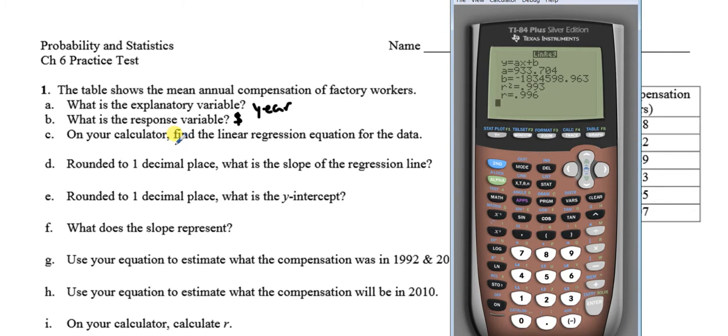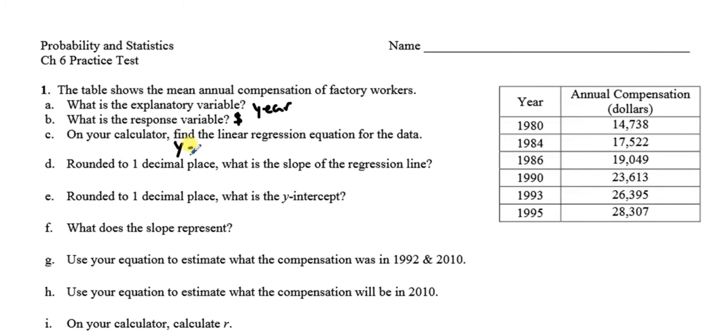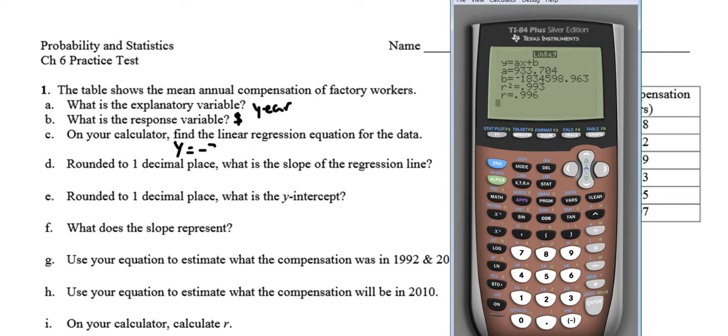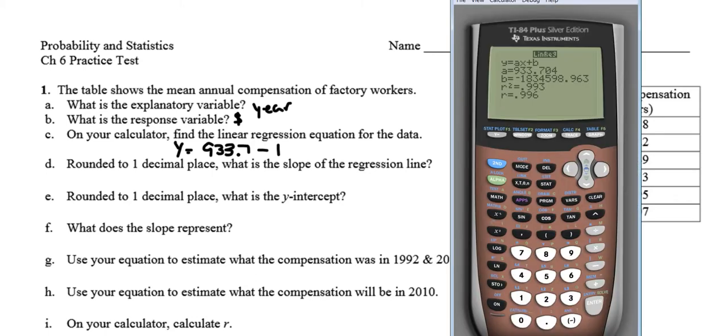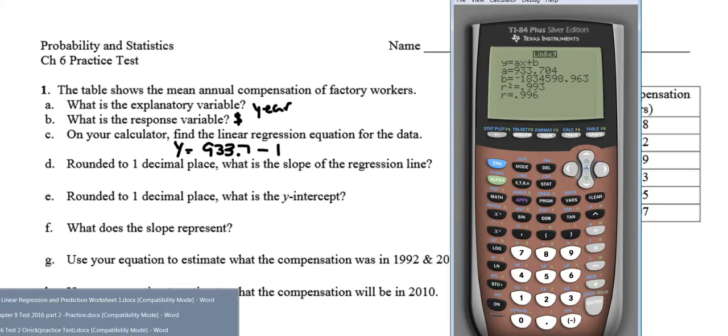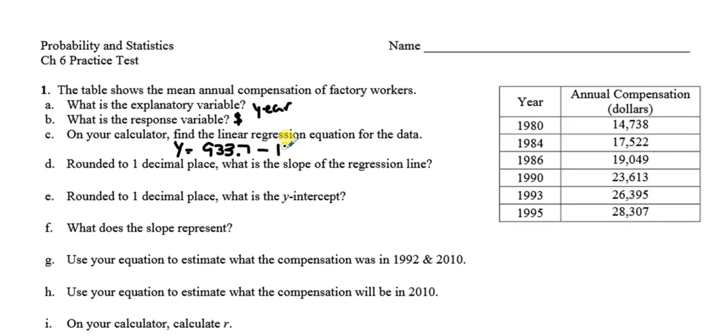So let me put this in here. Y equals 933.7 minus 1,834,598.